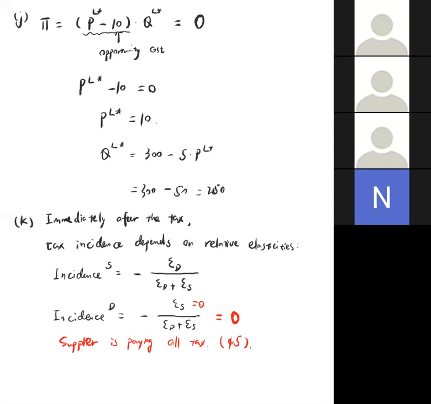And a general comment is the party that is less elastic, or say the party that is less flexible, bears more tax. In our case, because the supplier is perfectly inelastic, the supplier will bear all the tax, which is $5.